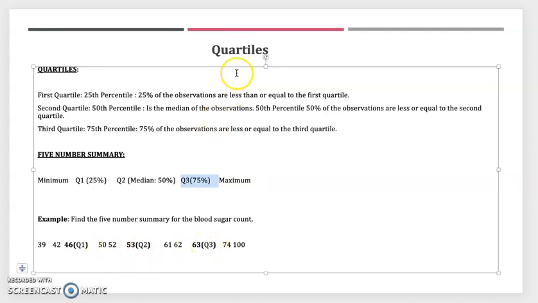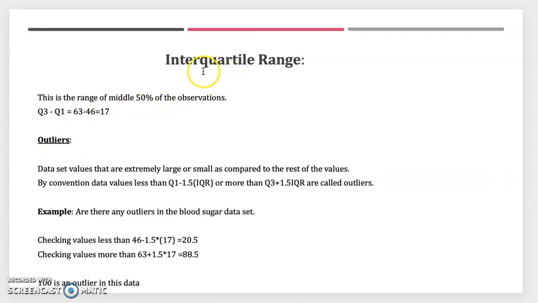After you understand quartiles, we have the other definition we call the interquartile range. The interquartile range is, after we have the 3 different quartiles, first, second, third, we use the third quartile, 75%, minus the first quartile, 25%.